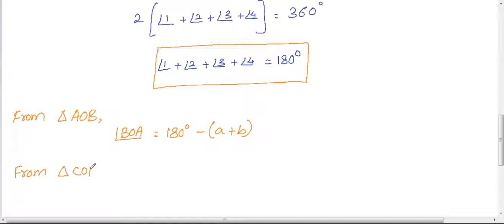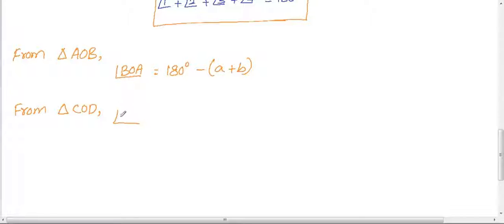Similarly, from the triangle COD, the angle COD becomes 180 minus (C plus D), where C plus D is nothing but angle 3 and angle 4.